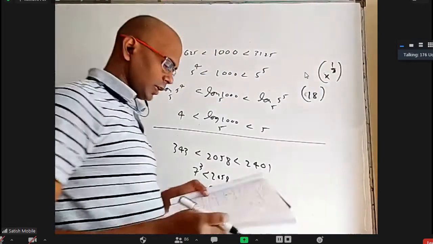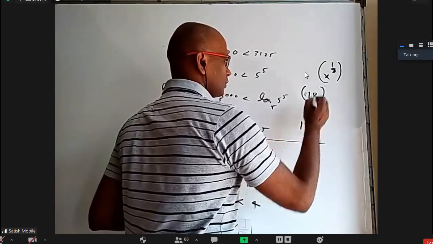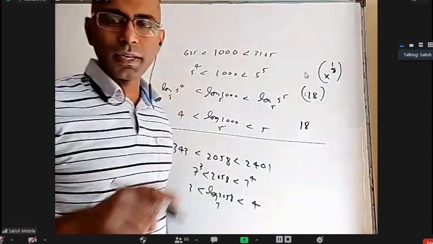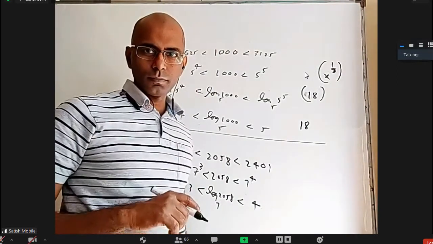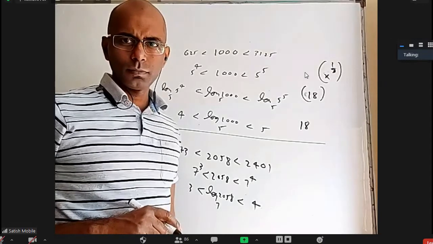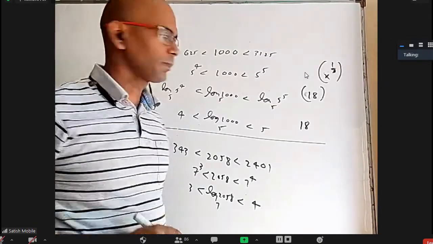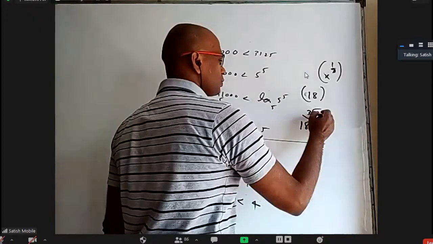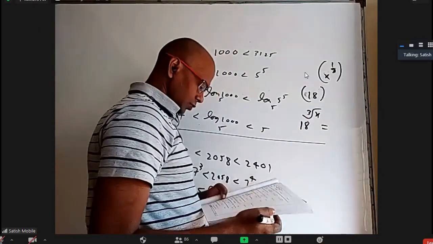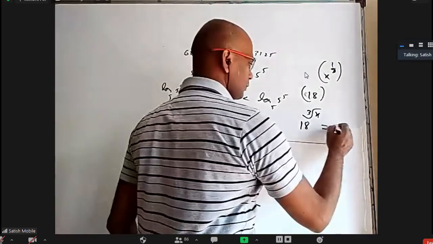Yes, sir. That is 18 power cube root of x. You cannot, it is not a power m whole power n, it is not a power mn. You cannot write x into 1 by 3. So it is 18 power cube root of x is equal to, which one is this? 16. Okay, root 2 plus root 8.